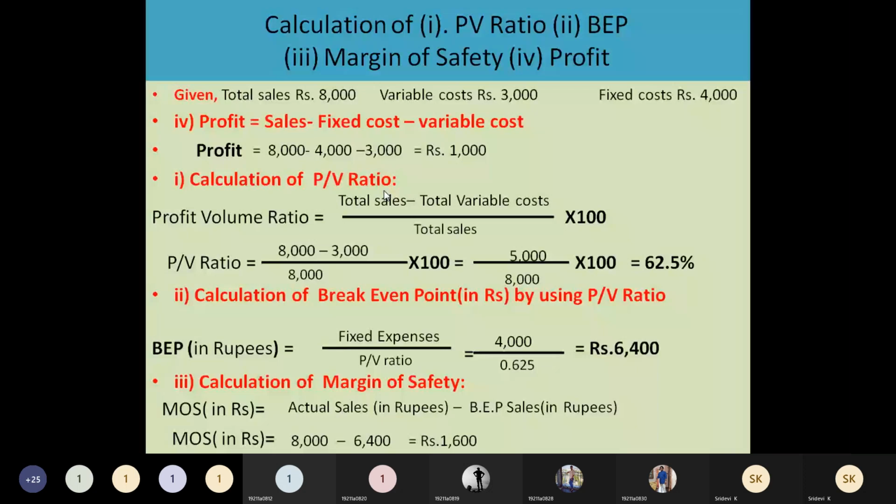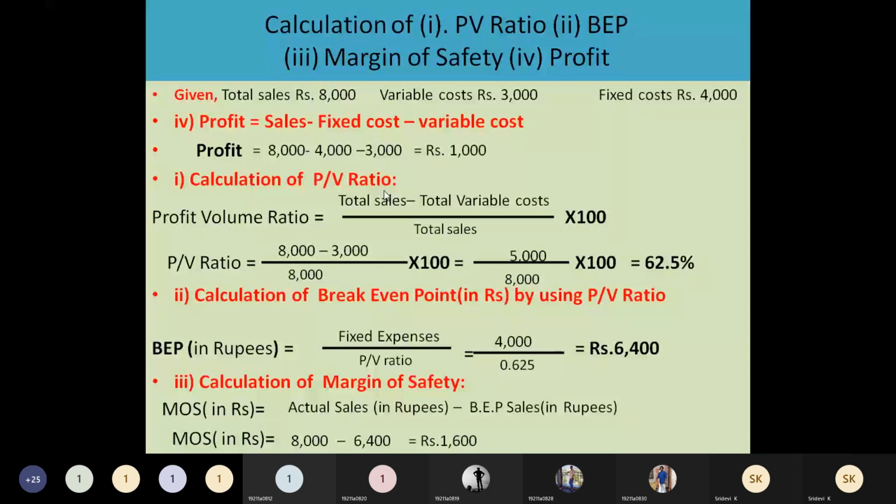Otherwise, you can derive it by using the margin of safety formula, margin of safety equals net profit divided by PV ratio. You can use that formula also. Already we have the margin of safety in rupees, 1,600. You substitute 1,600 there: 1,600 is equal to net profit divided by PV ratio. Take it as 0.625. That will give you the profit.